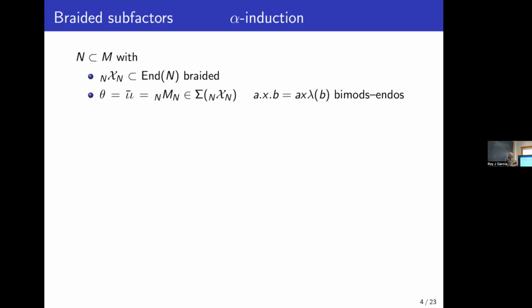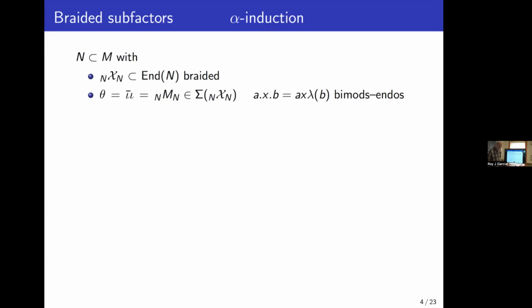So M as an NN bimodule is basically inside the system, or at least the sum of irreducibles from there. So that's what I mean by a braided subfactor: a system of endomorphisms on M, which is, say, braided, and a subfactor which is related to this thing.